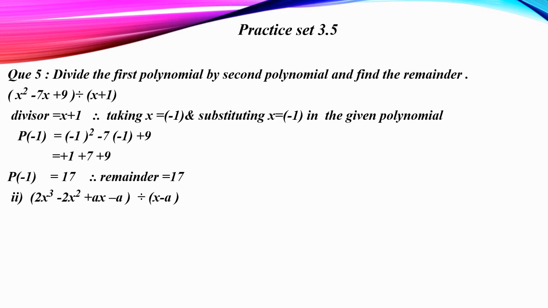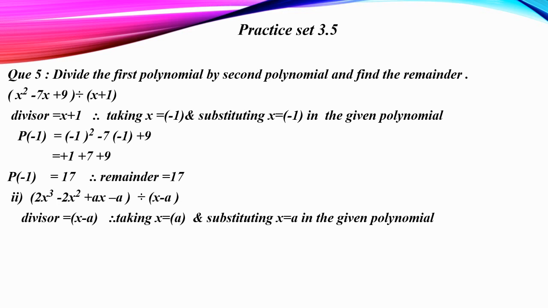Second question, 2x cube minus 2x square plus ax minus a divided by x minus a. The divisor is x minus a. Therefore, we take x is equal to plus a and substitute x equal to a in the given polynomial. p(a) is equal to 2a cube minus 2a square plus a multiplied by a minus a.